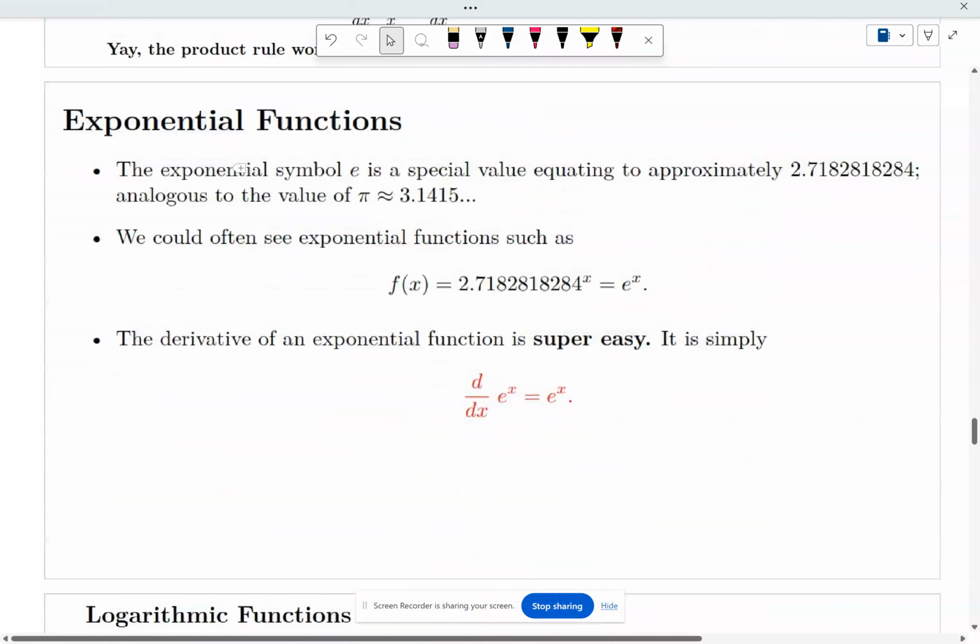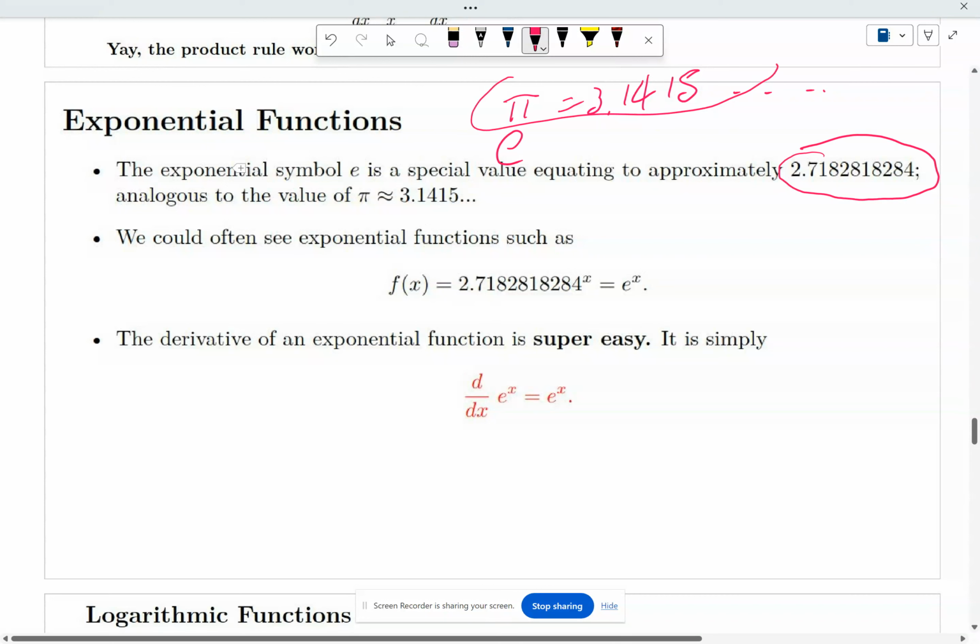Okay, so the next thing we're going to do are these things called exponential functions. So in mathematics, we have this thing called pi, which is 3.1415, etc. But there's another magical number called e, which is approximately equal to this value, 2.718 something something.